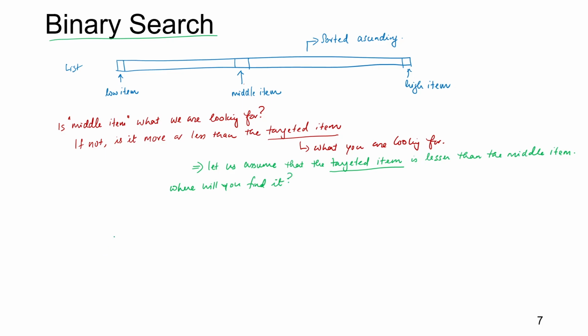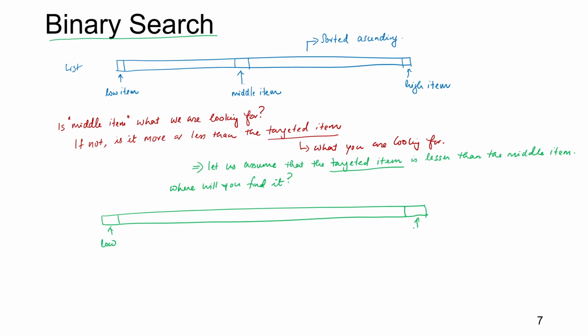If you take this same list, this is your low, this is your high, and this is your middle. Since the target is lower than the middle item, you will find it here. This is where it should be.